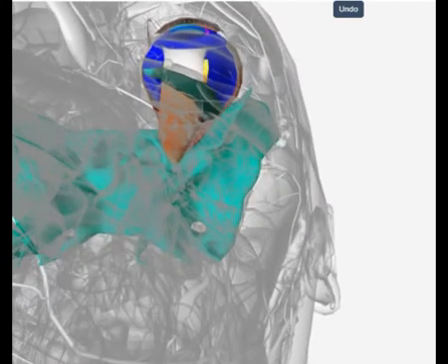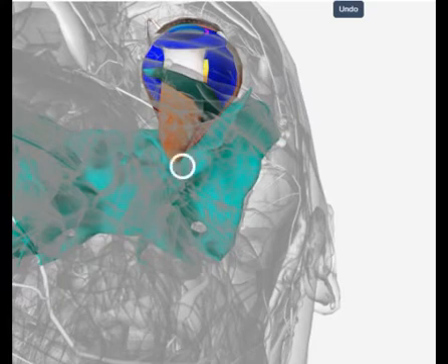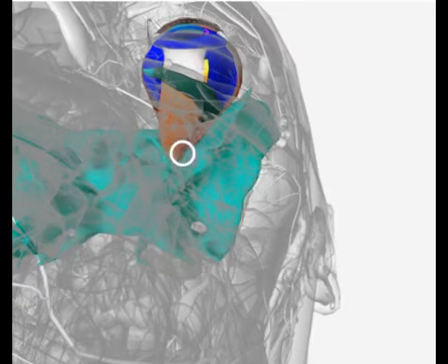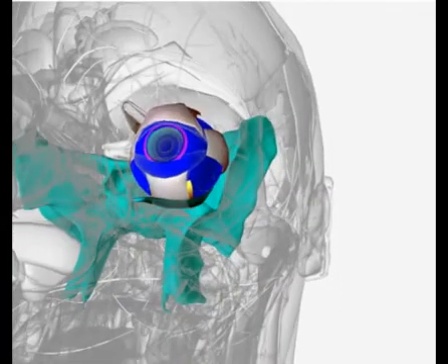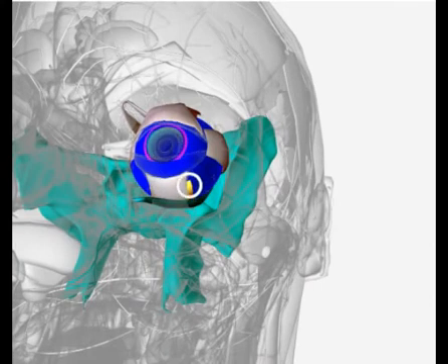The apex lying in the posterior part of the orbit, from there the origin starts on the inferior aspect of the common tendinous ring. The muscle will come in a forward and upward direction over here and attach to the sclera below the limbus of the cornea.